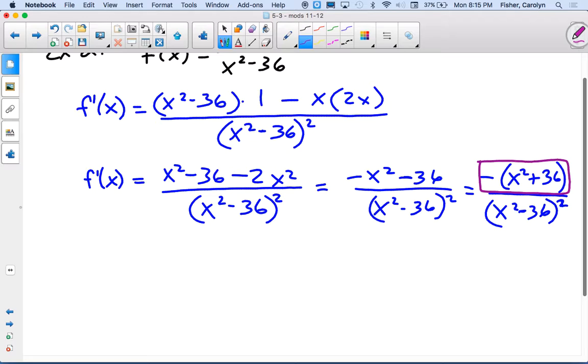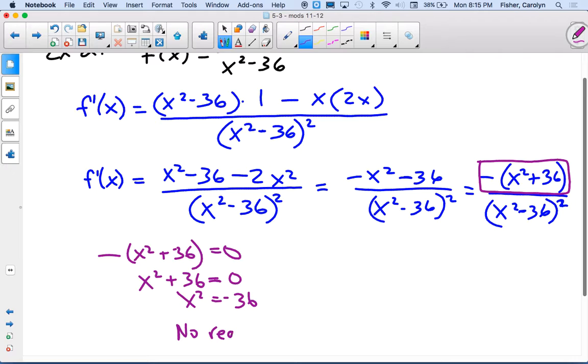So I've got negative quantity x squared plus 36 equal to 0, which would give me critical points. That gives me x squared plus 36 is equal to 0 divided by negative 1. X squared is equal to negative 36. And I have no real solutions there. So that one's not going to give me any critical points.